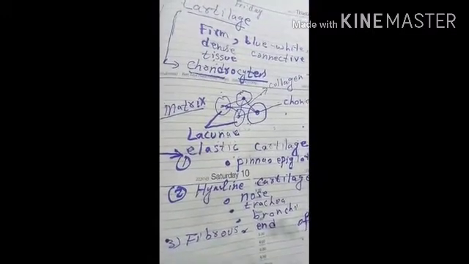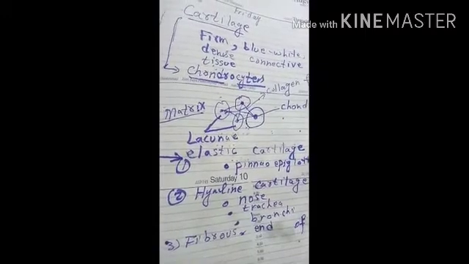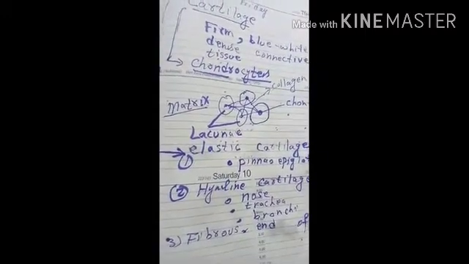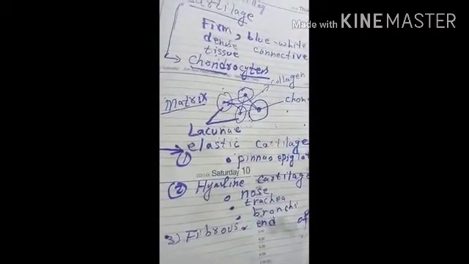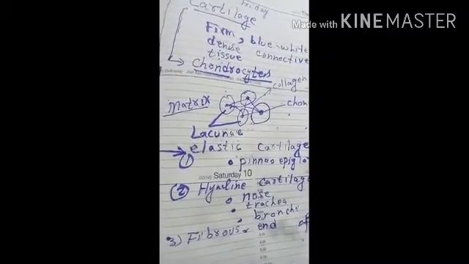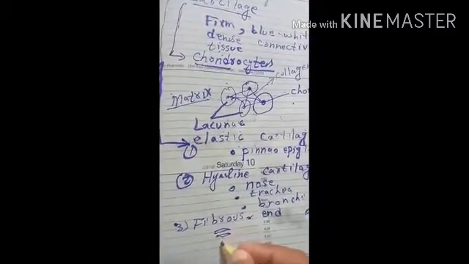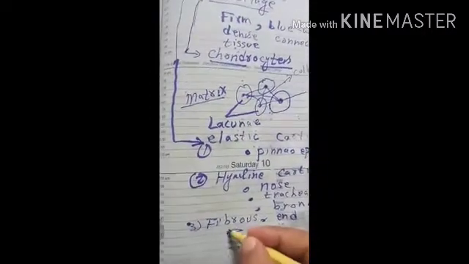It is the least flexible, and it is present in the bones of the backbone. Our backbone or vertebral column consists of 26 bones, disc-shaped bones like this.